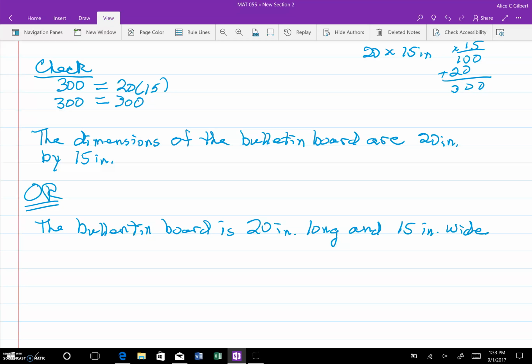As long as whatever you write is a complete sentence. Sentences start with capitals, they end with periods, and they have to be complete. So there's the first. I'm going to do 3 more examples, so hopefully that will help you.